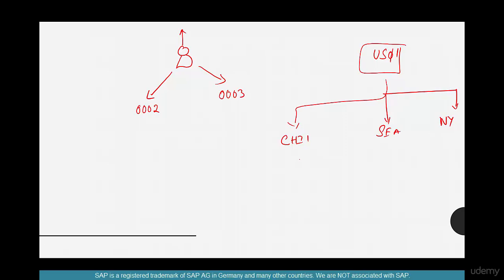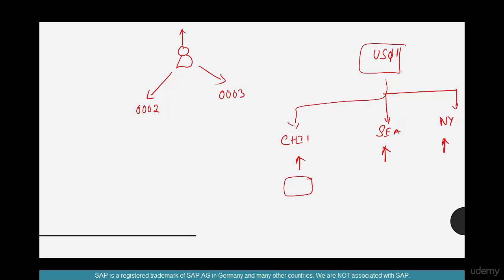And purchase orgs could be assigned to each of these plants, or they could be assigned for more than one plant. Either way, the point being, if you're maintaining vendor data relating to this particular purchase org, you could have different payment terms. What it essentially does for you is let you have different payment terms for the same vendor for different purchase orgs.